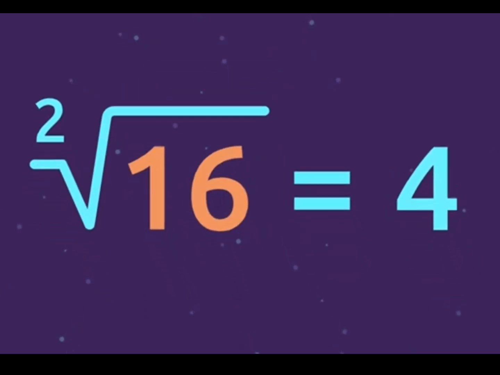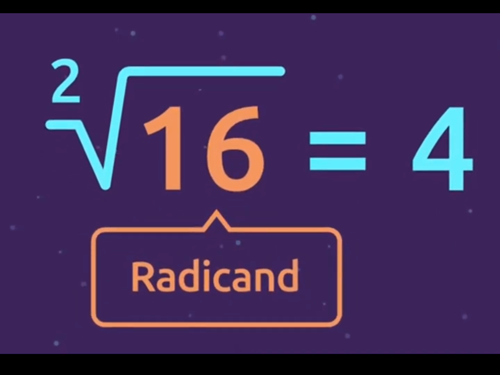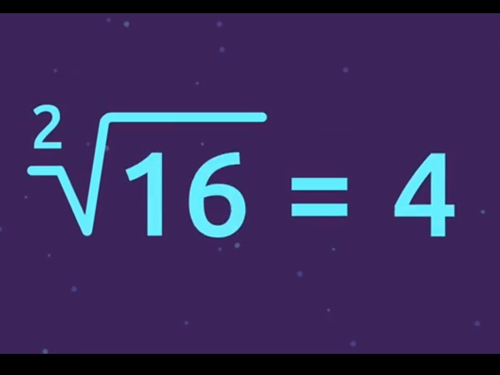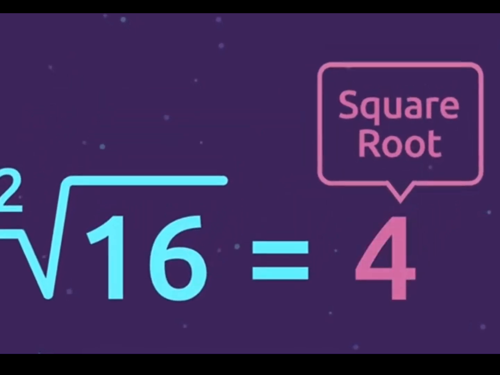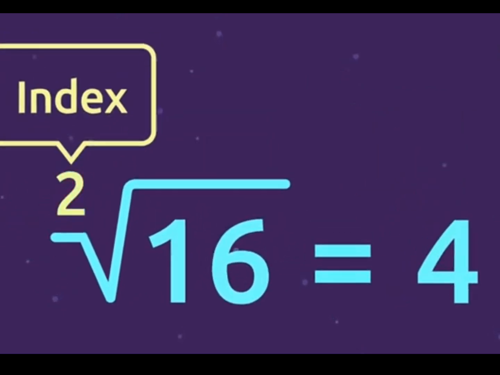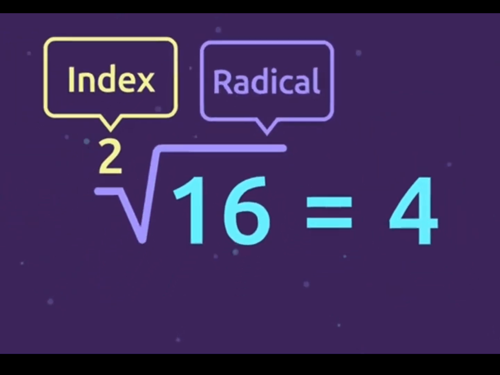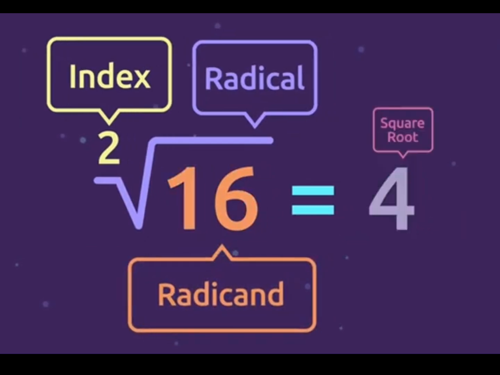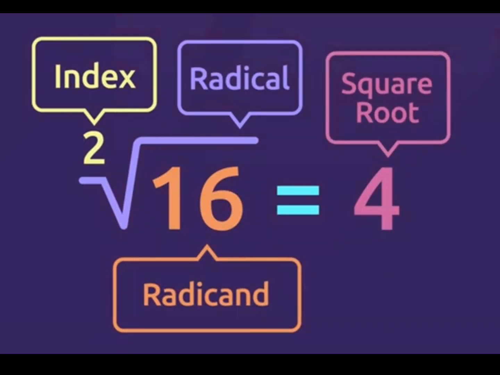The number that we see inside the radical sign is called the radicand. Lastly, the result is called the square root, which is great. Let's review: index, radical, radicand, and square root. Good job.